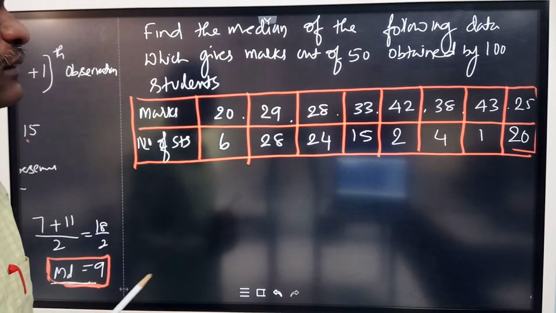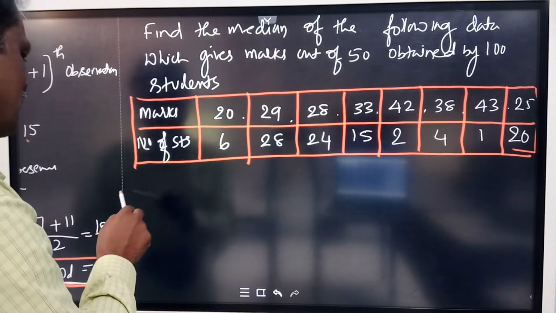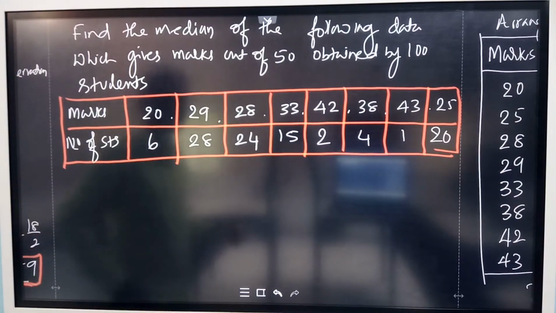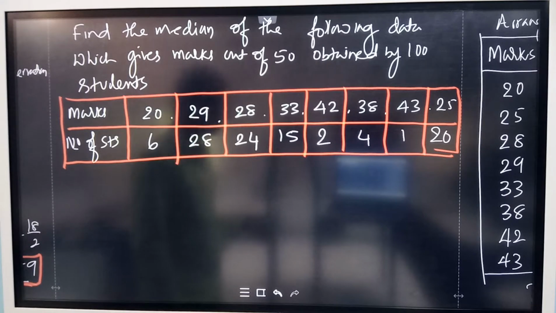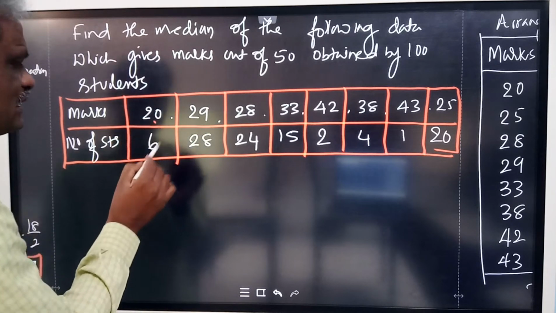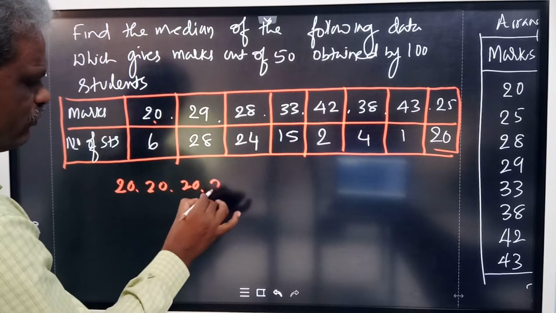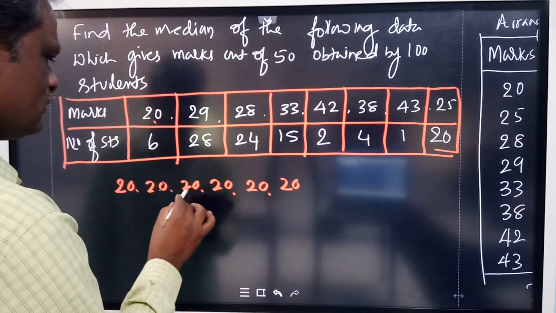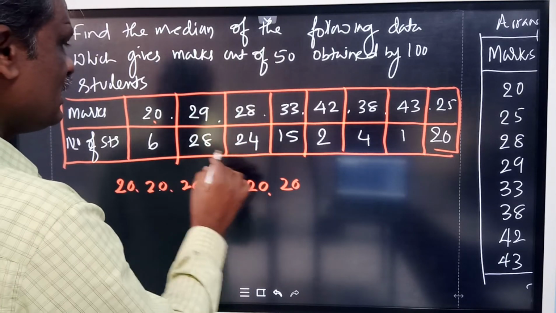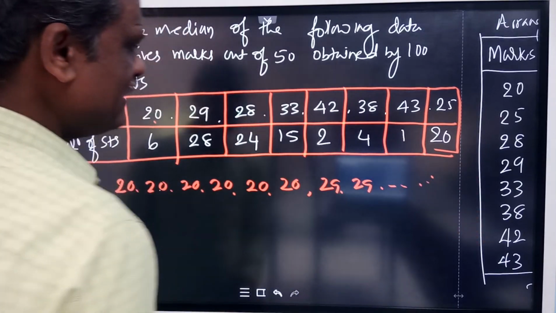Now let us find the median of this same kind of ungrouped data, but presented in this way: marks obtained by 100 students. 20 marks, there are 6 students: 20, 20, 20, 20, 20, 20. Then 29, there are 28 students.